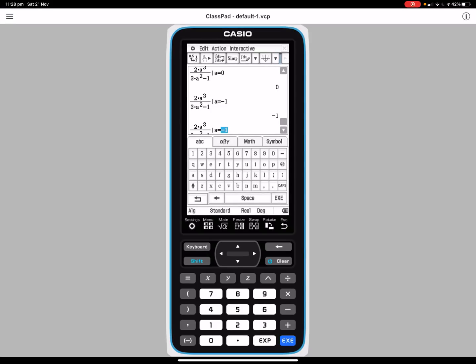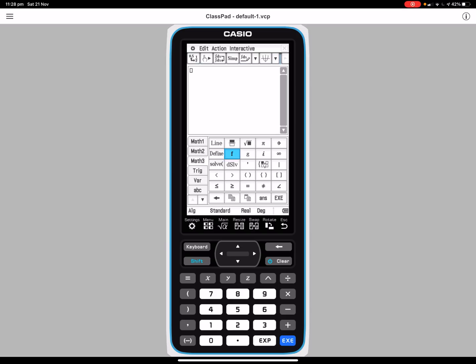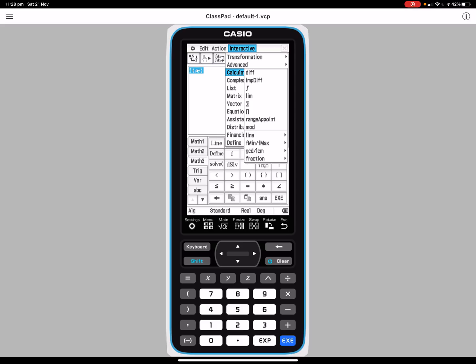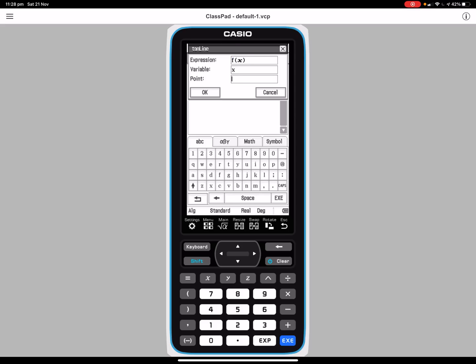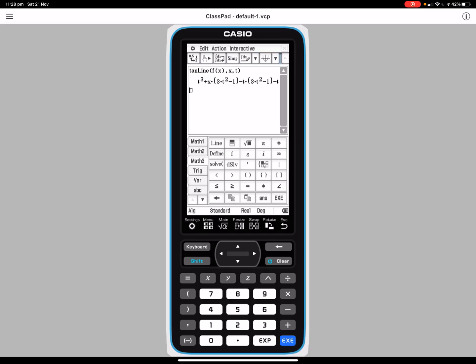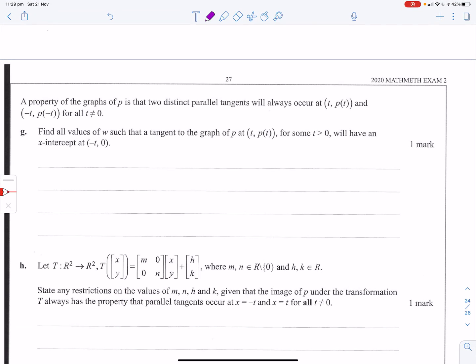So let's just find the equation of the tangent of f of x at the point t. Okay. So that's our equation of the tangent. We'll have an x-intercept at negative t, 0.